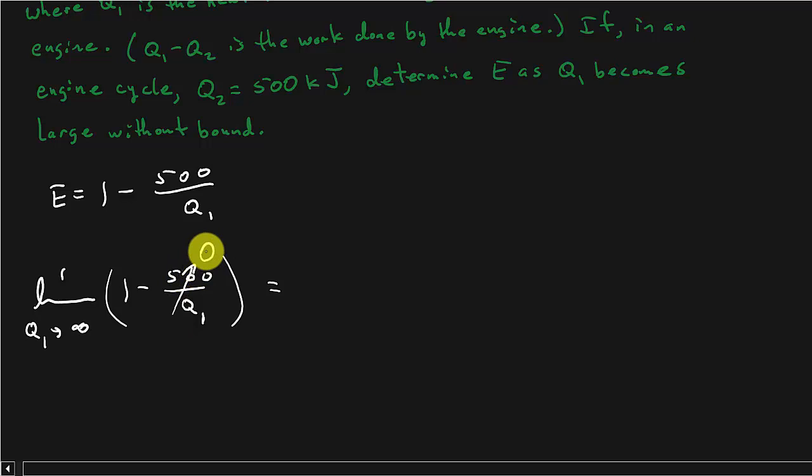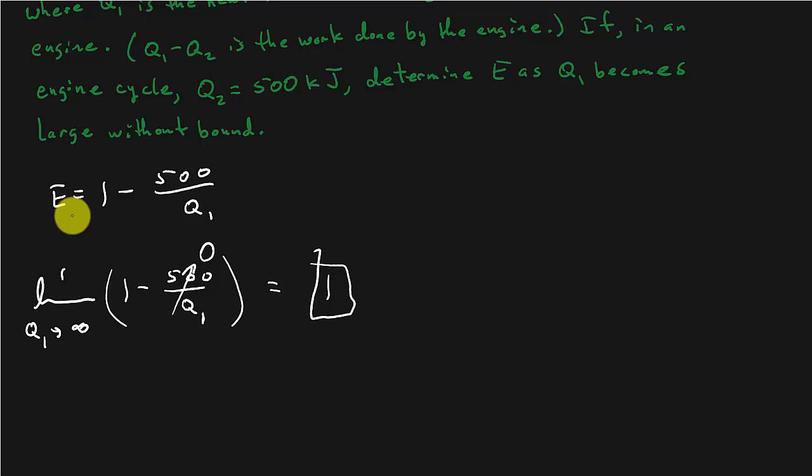And what's the 1 doing? Well, that's taking the limit of a constant term, so it's just that constant term. So this is 1 minus 0, which equals 1. And so that's what E is doing. E is going to 1. E approaches 1 as Q1 approaches infinity.